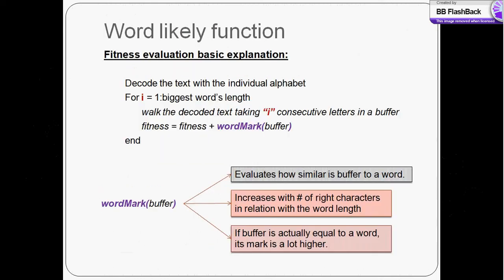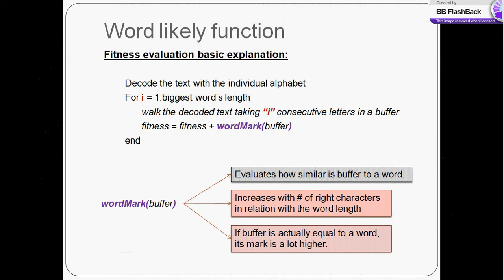Okay, having discarded the previous method, I have invented something that is a word likely function. This function, for a certain buffer, which is a certain number of consecutive characters of the text, evaluates how similar this buffer is to words, or how likely this buffer is to become a word.